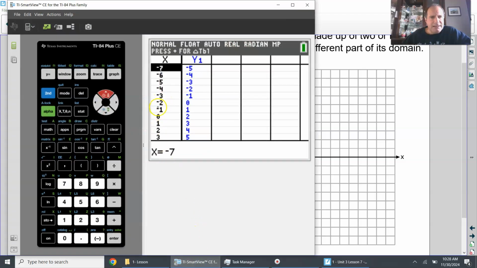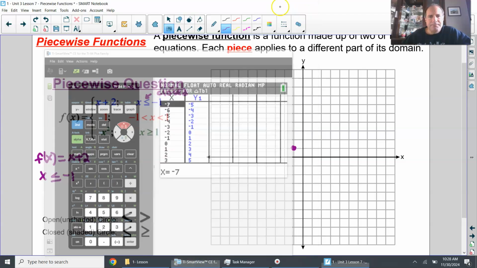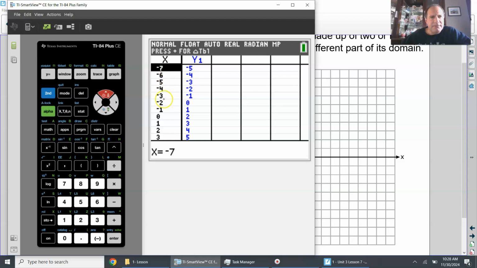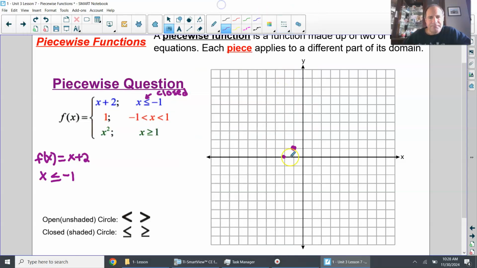So for less than or equal to -1, we go back: -2, 0; then -3, -1. Notice this slope going from left to right is rise 1, run 1, so we're going down and to the left: down 1, left 1.